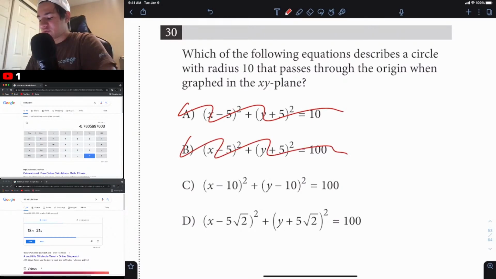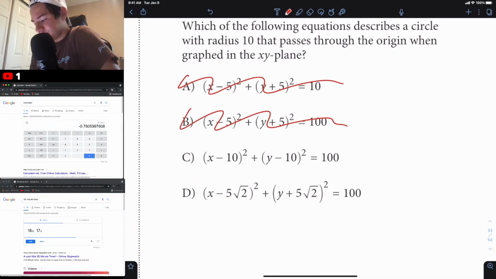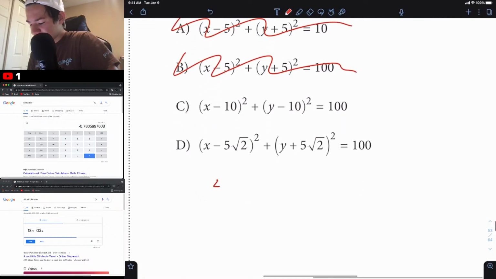Because when you plug in 0 for y and 0 for x, it should give you this. So C works. I don't know what this is though. Yeah, I guess this works as well. So these are both in.